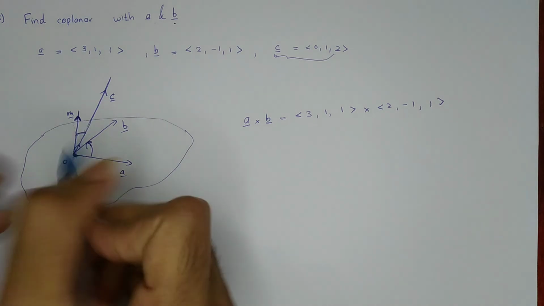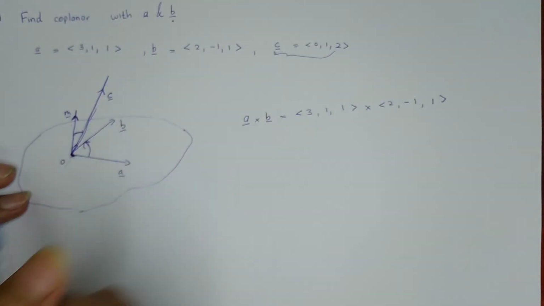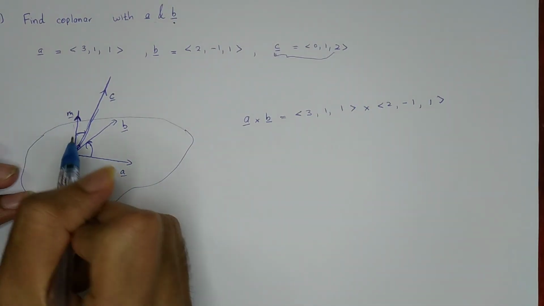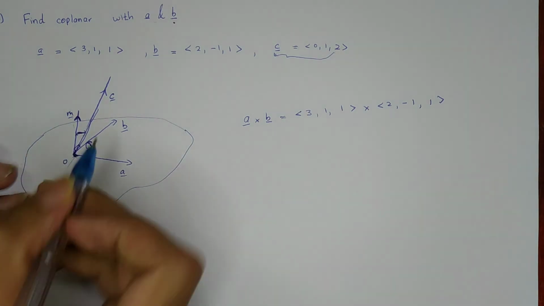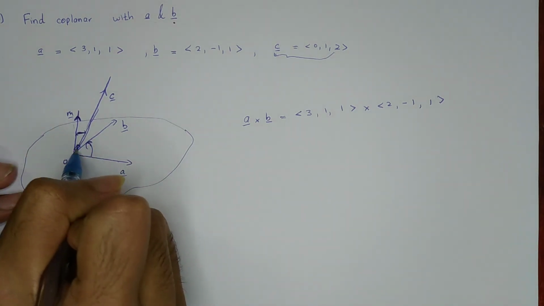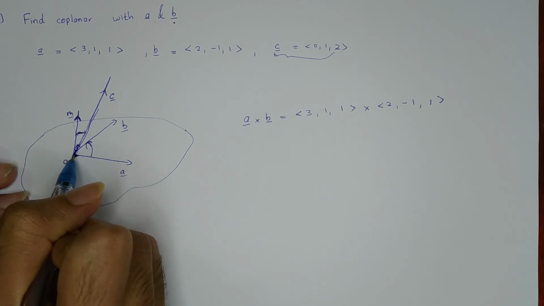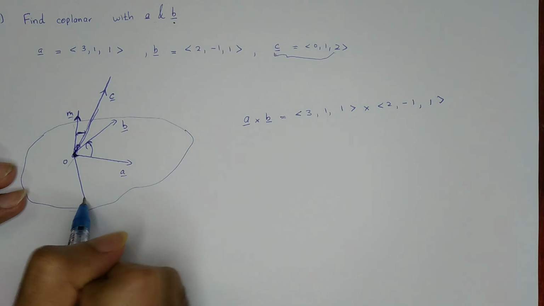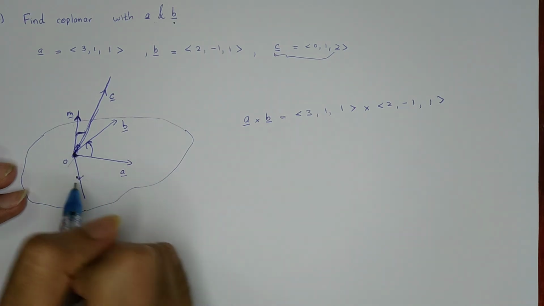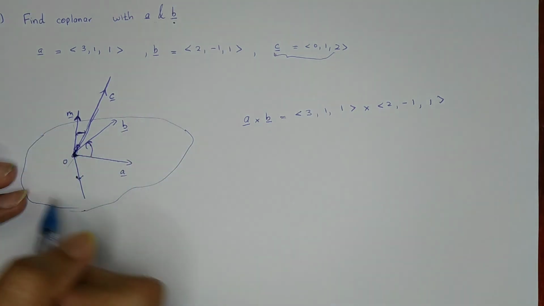There would be a plane for the M and C vectors, and we need to draw the perpendicular from this point. As M and C start from this point, we can directly tell it would lie in this same plane.